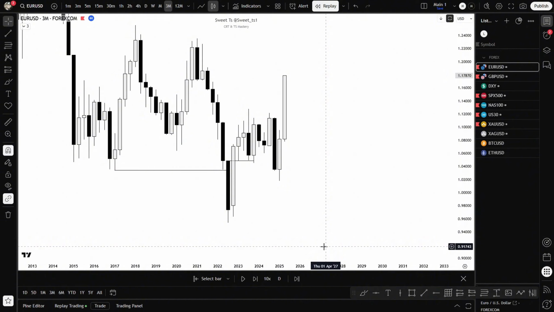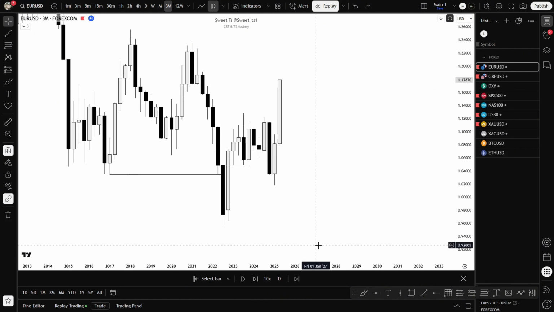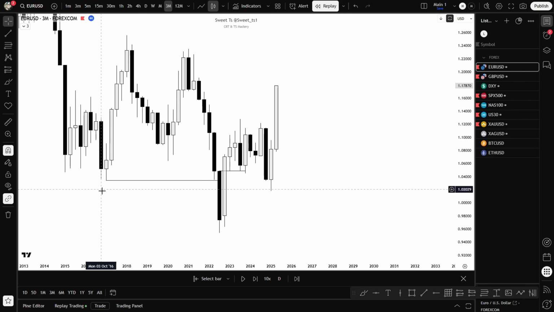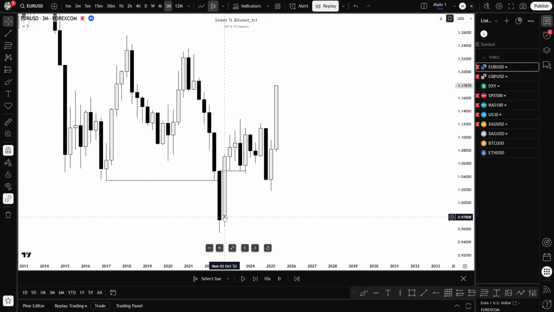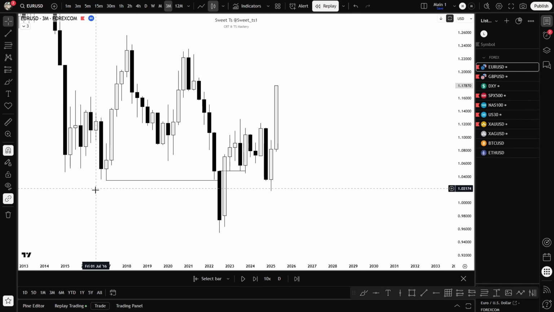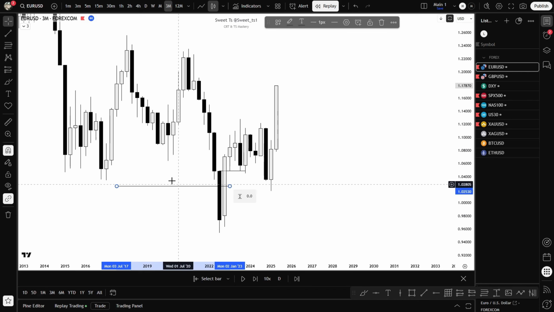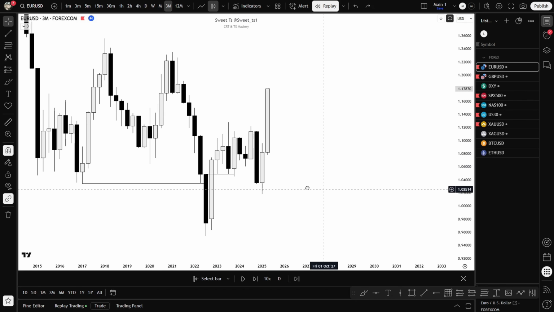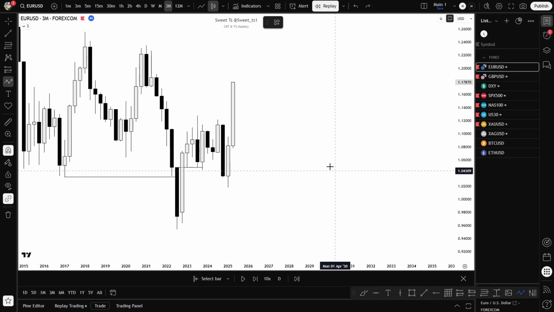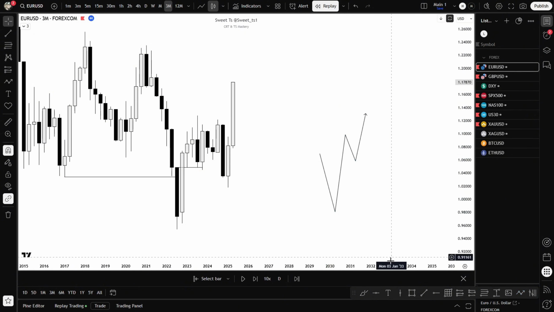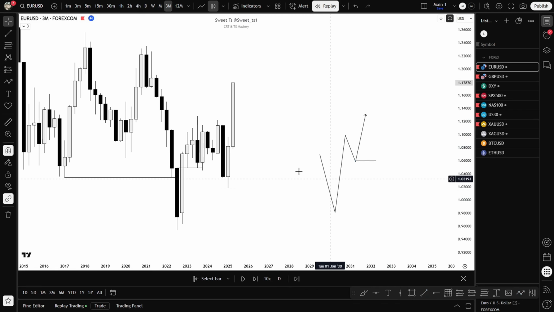This is the Euro USD 3-month chart, and we take a liquidity pool, right? Higher time frame liquidity pool. So now we are expanding away, right? So if you are bullish, we always expect the fake lows, right?